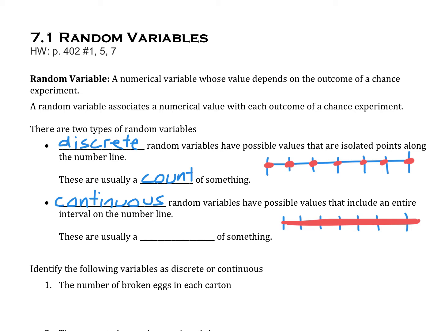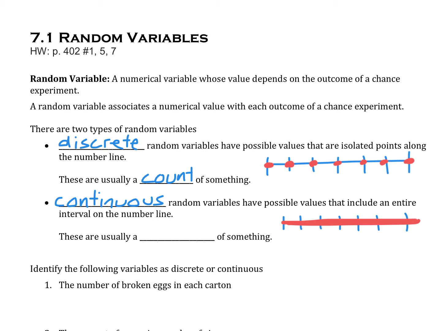So a continuous random variable can take on any value within reason. It doesn't have to be isolated points. I think a good way to look at it is if it can be an ugly decimal, then it's continuous. If it has to be like a nice number, an integer, or only goes up by half or 0.1 at a time, then it's discrete.